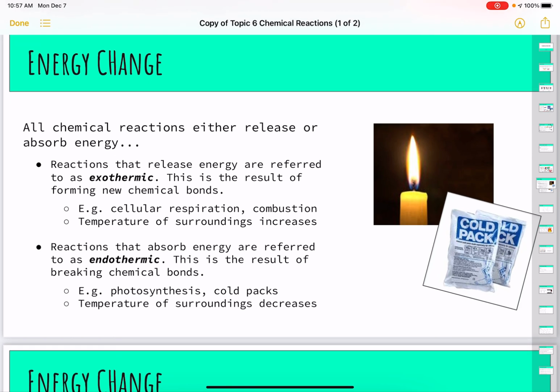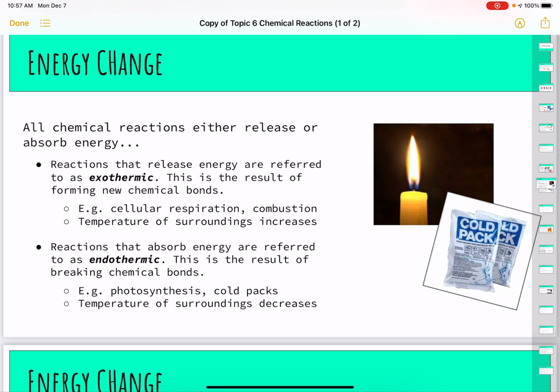So we're moving on to learning a little bit about chemical change or energy change. I guess energy change is a representation of chemical change, but we'll get to that later on.